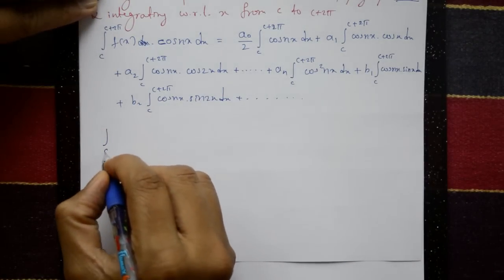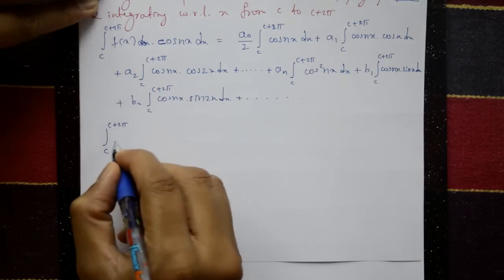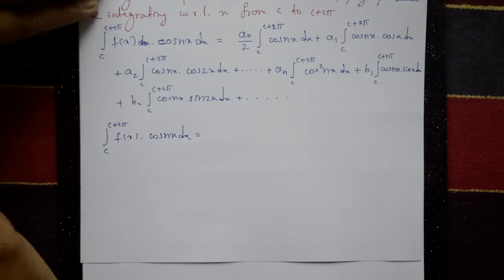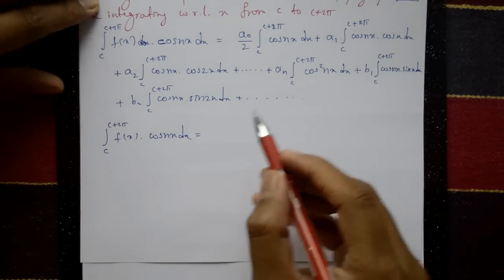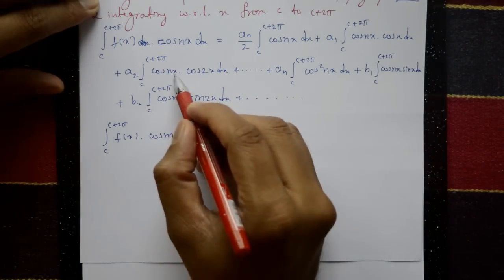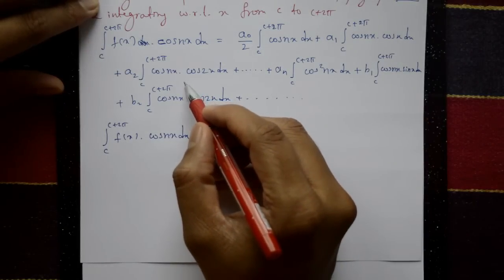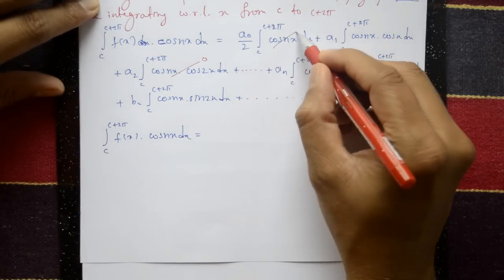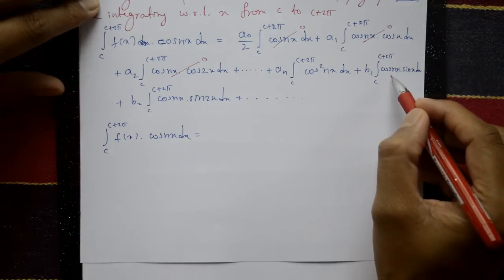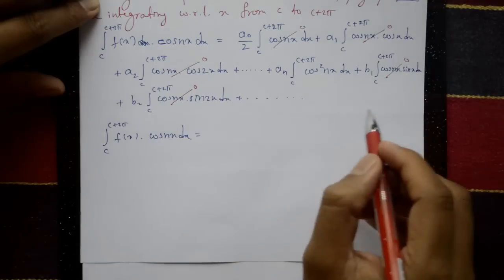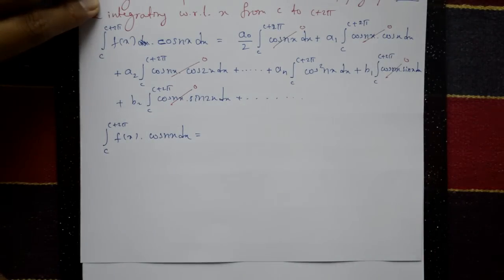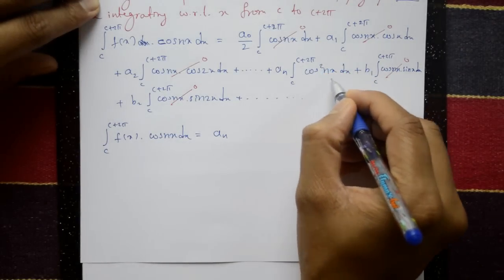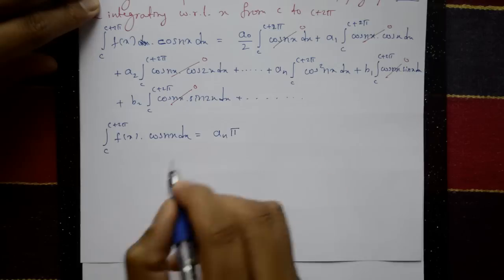Now the left-hand side is integration from c to c plus 2 pi of f of x into cos nx with respect to x, is equal to, except this term, by the formulae already given, this part is 0 and this one is 0, all terms are 0 except this one, an, and this one is already given in a rule as only pi.